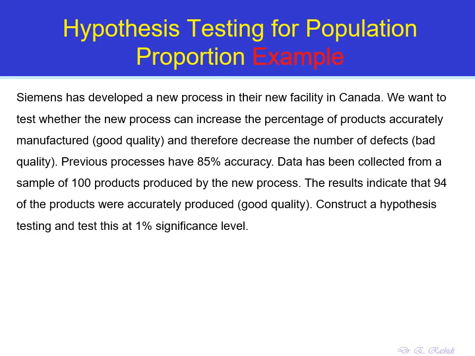Data has been collected from a sample of 100 products produced by the new process. The results indicate that out of these 100 products, 94 were accurately produced, good quality. We want to construct a hypothesis test at the 1% significance level. So we want to see whether the proportion of good quality products has increased or not.